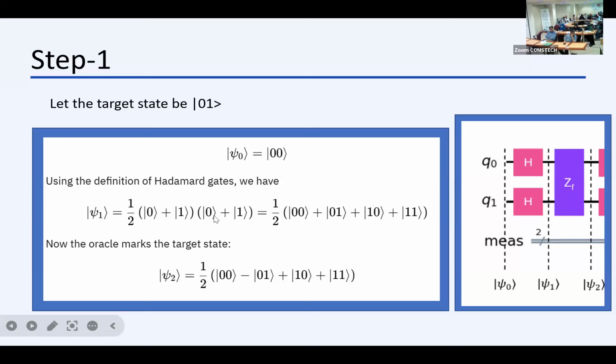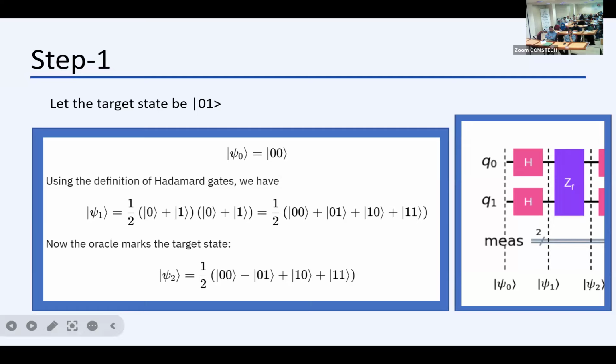The second qubit is also in 0, so it will also be a 0 plus 1 state divided by square root of 2. And when both of the square root 2 are multiplied, we are going to have a half. Now multiply each term by term: first with first, first with second, second with first, second with second. We're going to get 4 states. 2 qubits, 4 states.